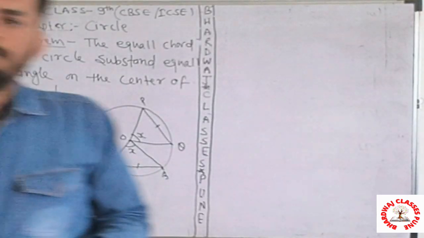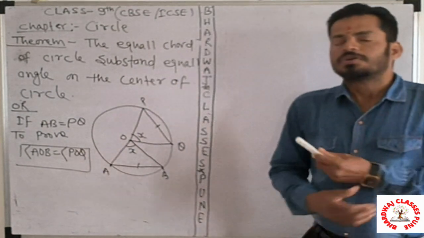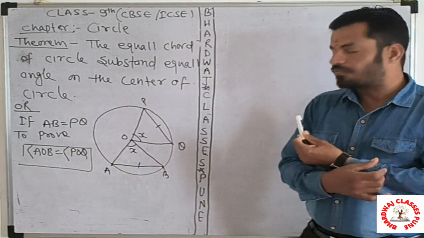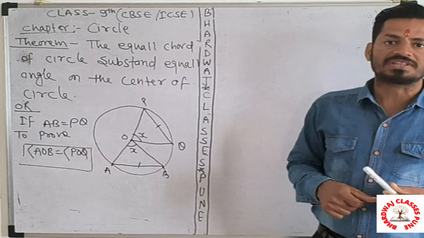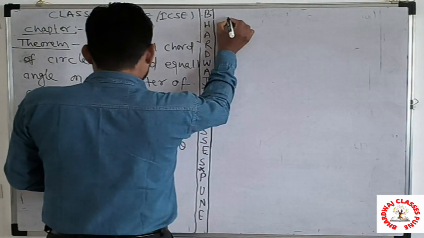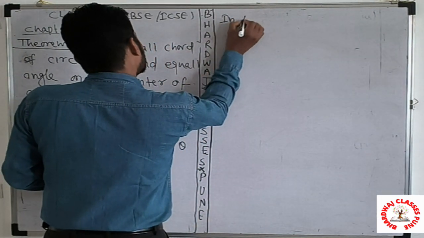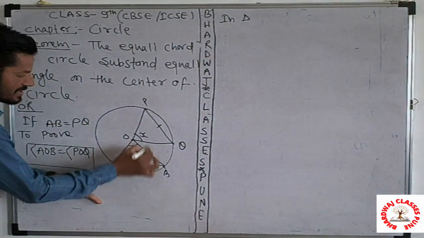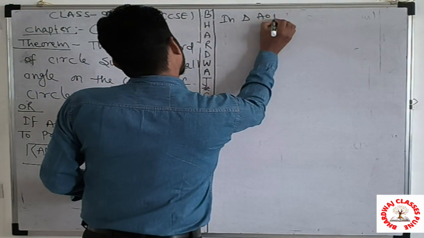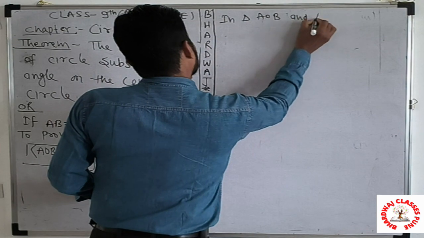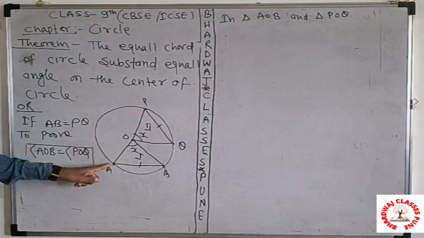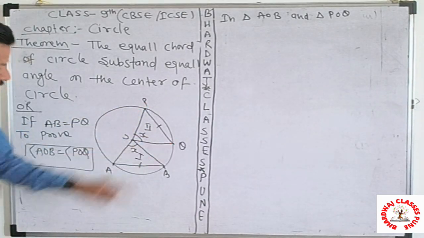Okay dear, to prove this theorem you need an idea about the congruency of triangles. So we are going to prove this theorem with the help of congruency of triangles. Now see, I am taking two triangles, AOB and POQ.